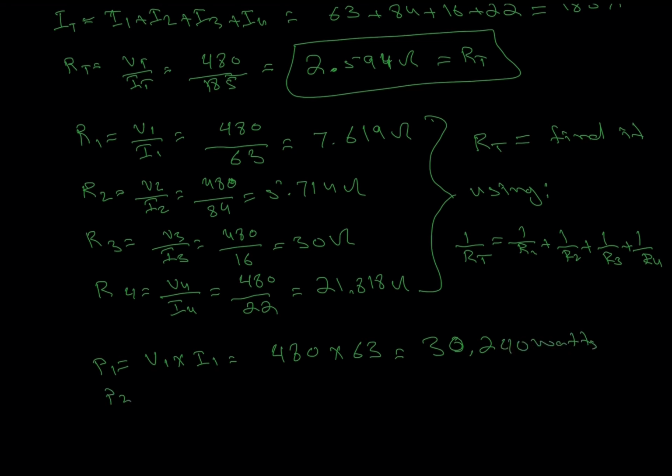P2 will be V2 times I2, 480 times 84. 480 times 84 will give me 40,320 watts.